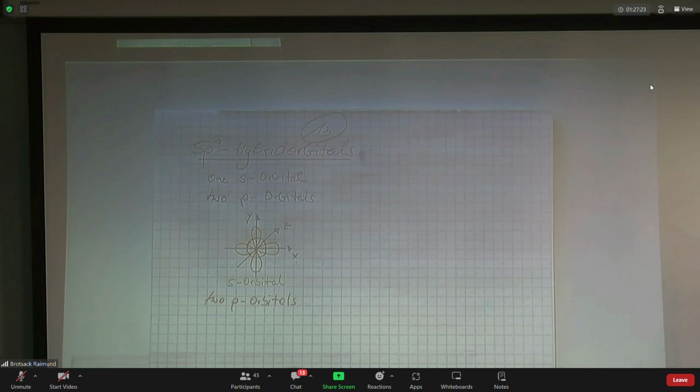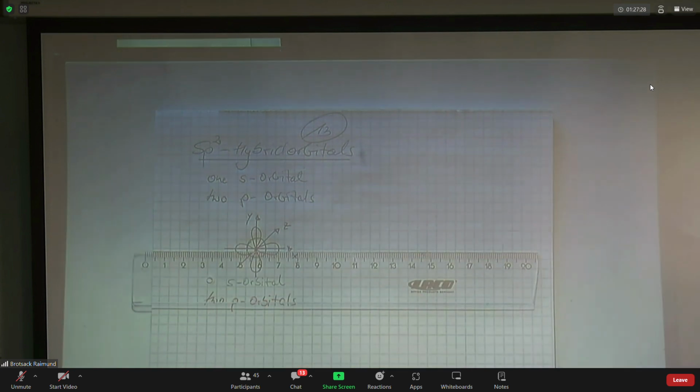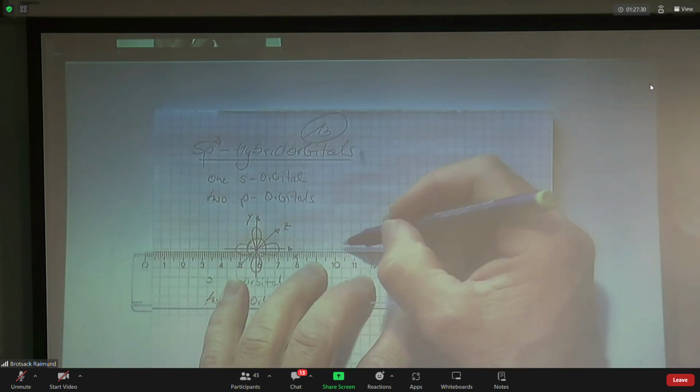In this case, the so-called hybridization leads to another structure.